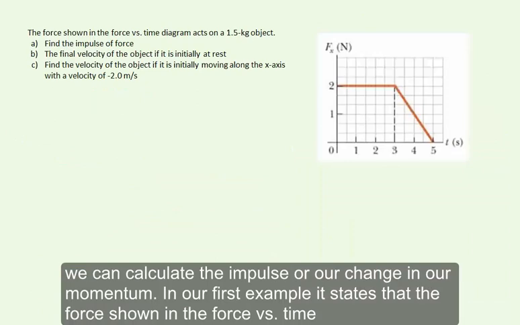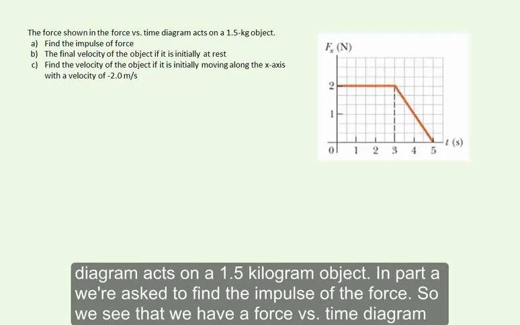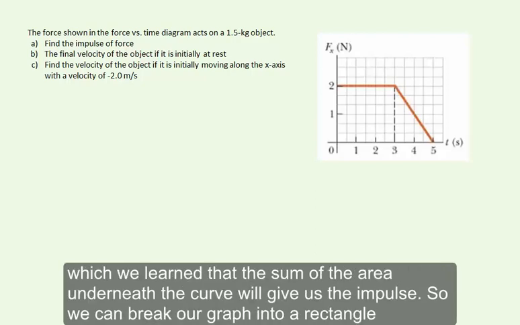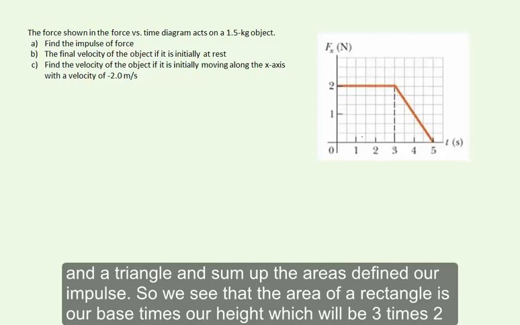In our first example, it states that the force shown in the force versus time diagram acts on a 1.5 kilogram object. In part A, we're asked to find the impulse of the force. So we see that we have a force versus time diagram, which we learned that the sum of the area underneath the curve will give us the impulse. So we can break our graph into a rectangle and a triangle and sum up the areas to find our impulse.